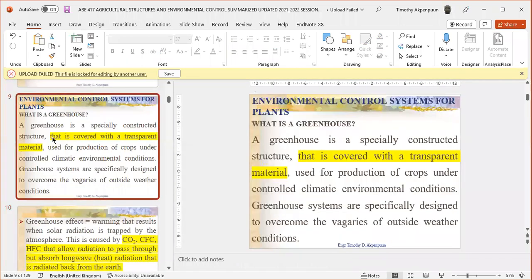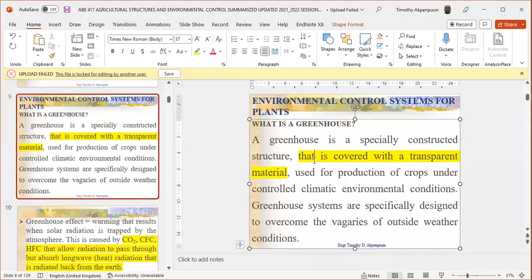Why here? The covering material does what? Traps. When solar radiation enters the greenhouse through the covering material, what are those materials? Who can give us an example of one?